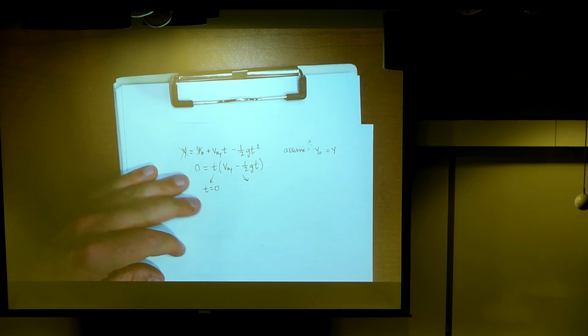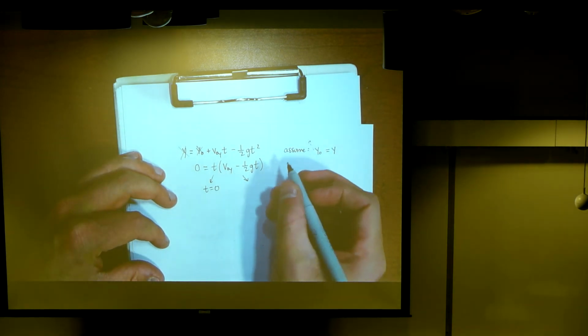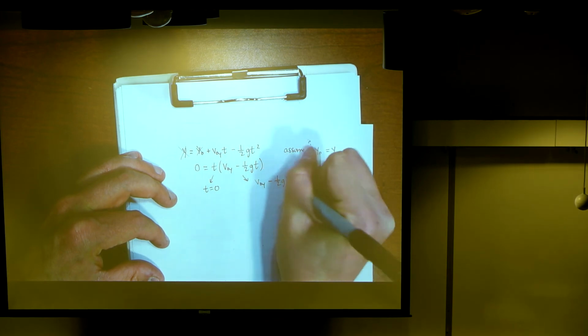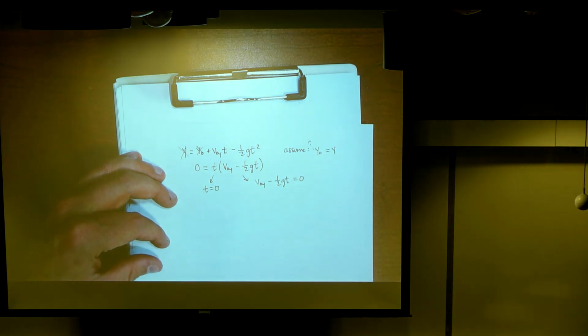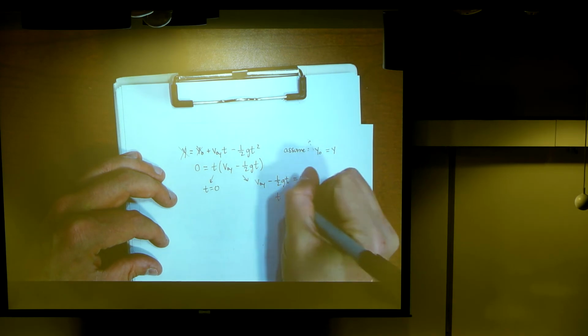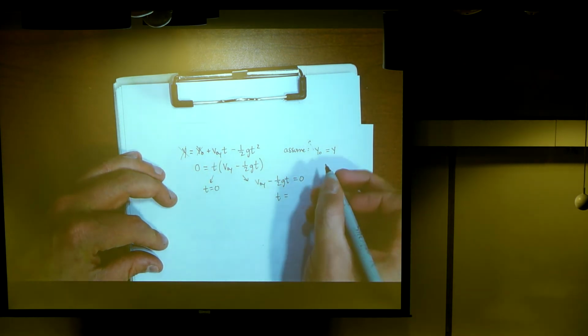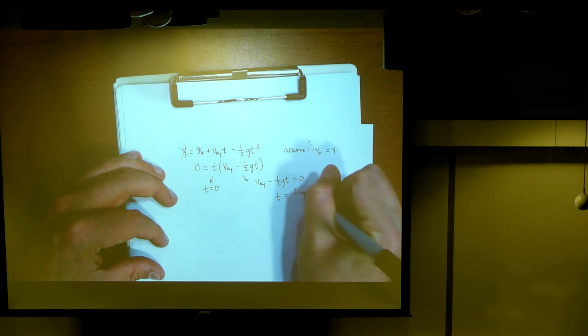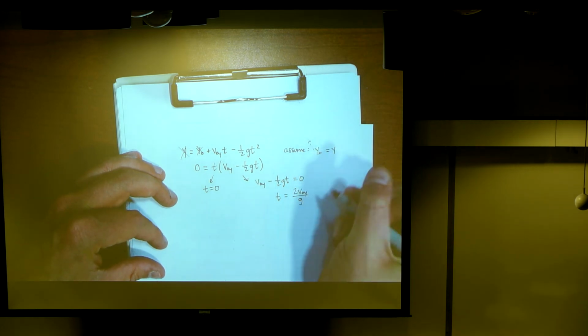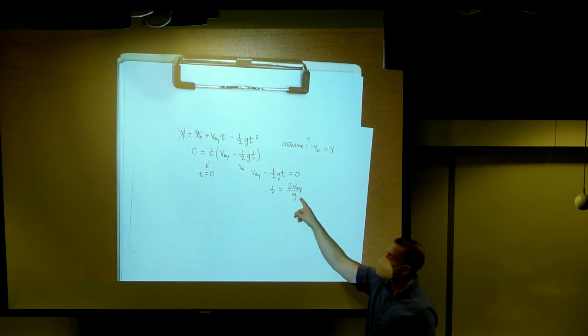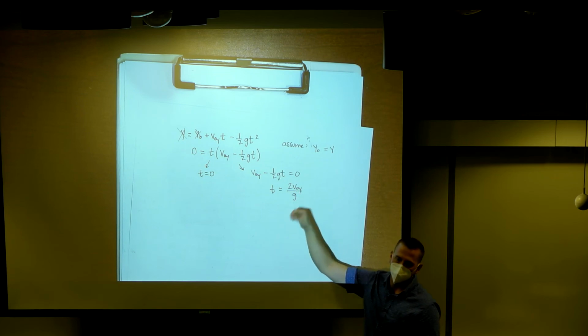So I'm going to say v naught y minus 1/2 g t equals 0 for that one. And then I'm going to solve for t, which if you rearrange this, you can show comes out to 2 times v naught y divided by g. So if I launch a projectile and it lands at the same exact height that we started at, this is how long it will take to land.